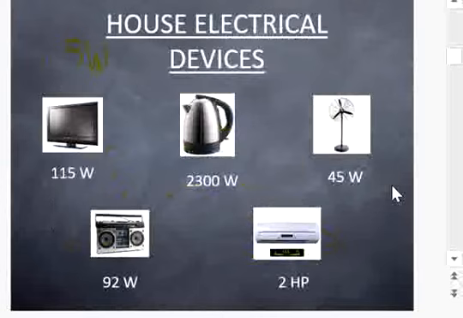Among all these 5 appliances, which one do you think uses the largest amount of electrical energy in 1 day? Not 1 second, in 1 day. Some of you might wonder how the air conditioner can be 2 horsepower.